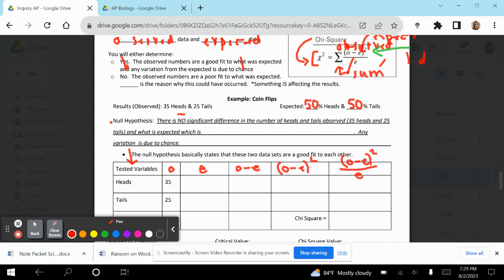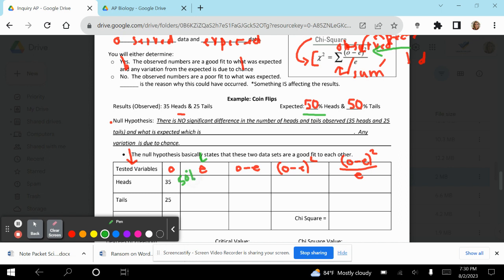Now, when I do a chi-square problem, you're going to see that in my expected column right here, I am always going to write a percent in the corner, my expected percents for each of these categories. We're expecting that 50% of the time we should get heads.